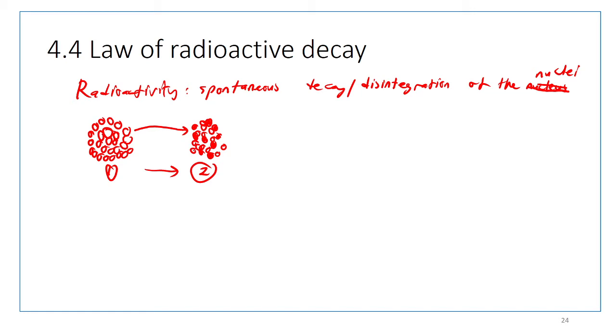The more time elapsed, the more of the nuclide number one would decay. So the nuclide number one is called the parent. Number two is obviously the daughter nuclide.